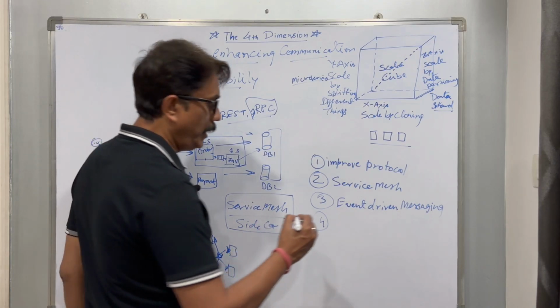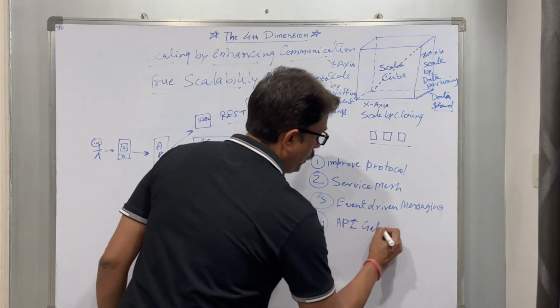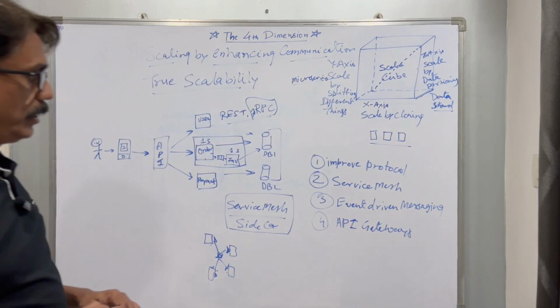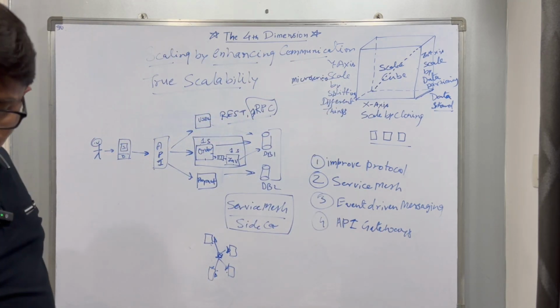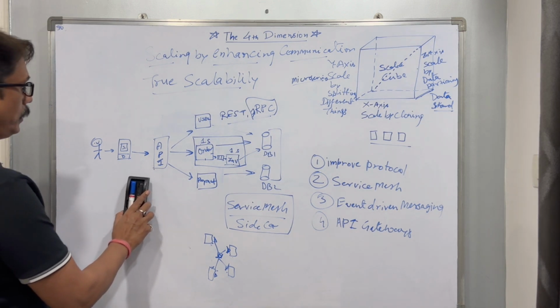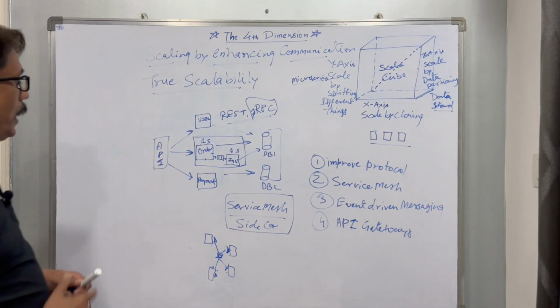Now the fourth one is you can think of API gateways. So API gateways is another way. If you see here, we have this API gateway.